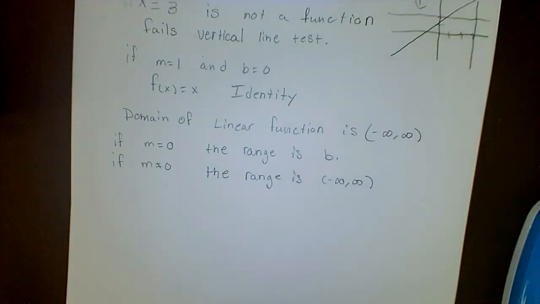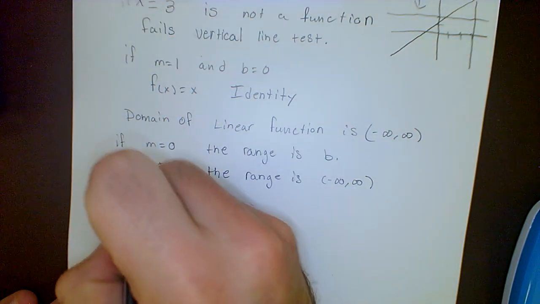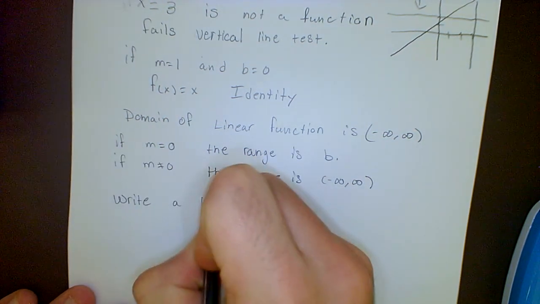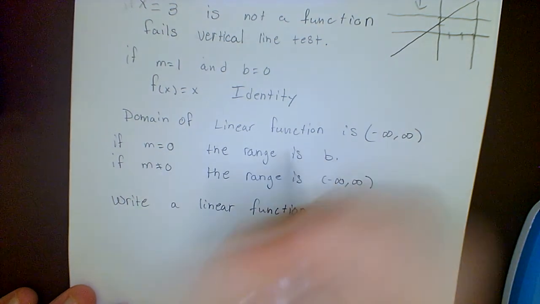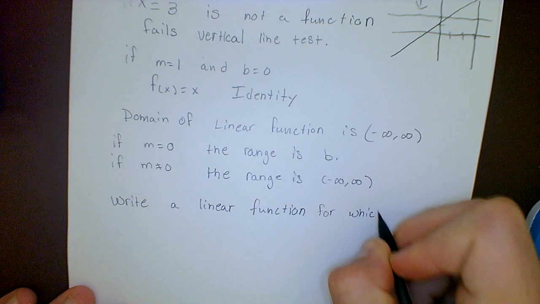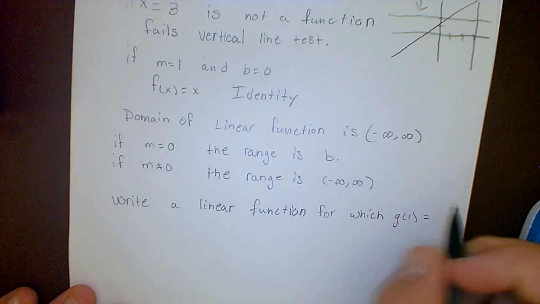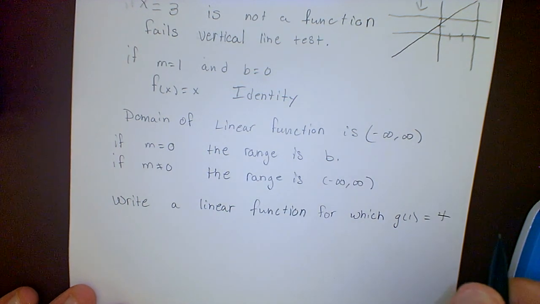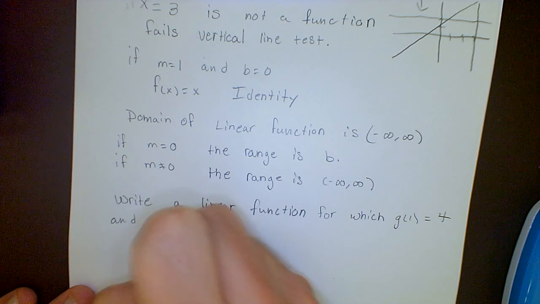This is something we've already kind of done, but their first example is to write a linear function for which g of 1 equals 4 and g of 3 equals negative 2.